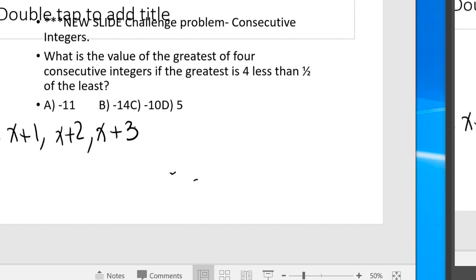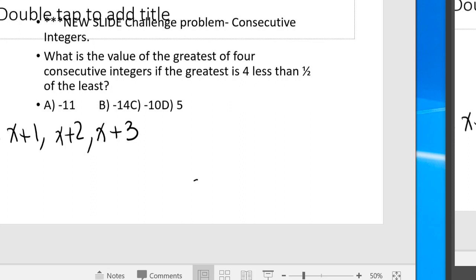Great job, guys. So now, try not to look at the slide with the answer on it. I know you can because I gave you the handout, but let's try not to. So now, if the greatest is 4 less than 1/2 the least, well, the greatest is what? X plus 1, x plus 2, or x plus 3?